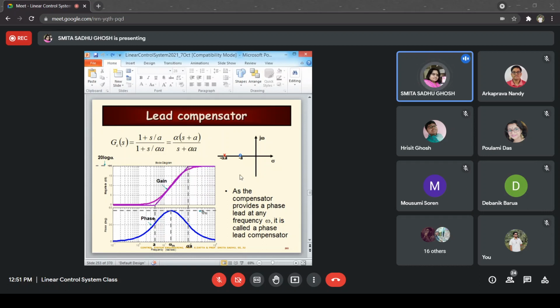The first step in drawing it is to find out what the corner frequencies are, right? So for this particular transfer function, where are the corner frequencies? This is in the standard form.